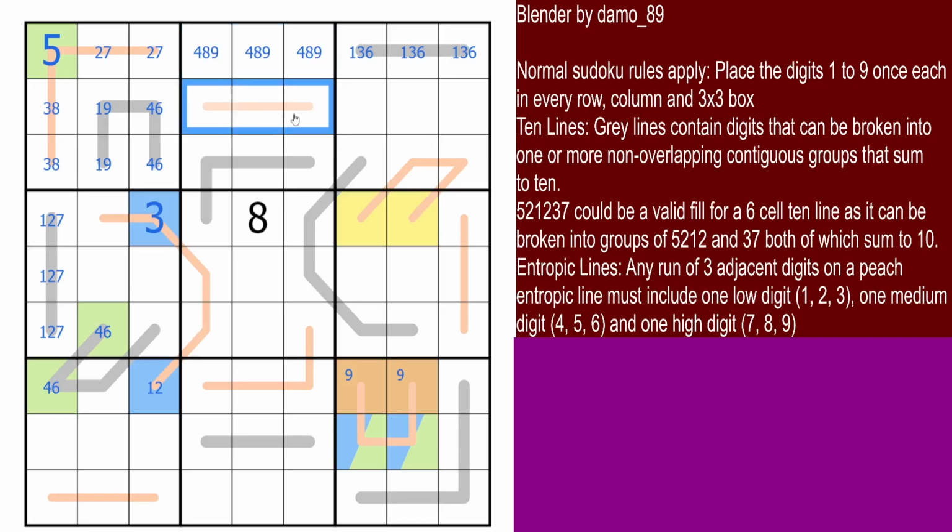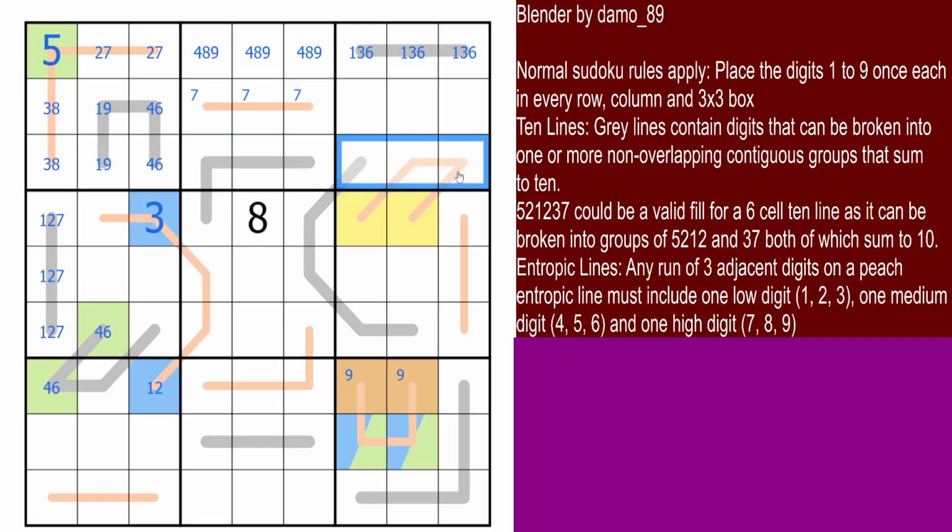Now 7 must be here, right? Because this is again an entropy line with one from each, but the high digits both 8 and 9 are gone here. So this remaining 7 has to be here. So 7 is here.